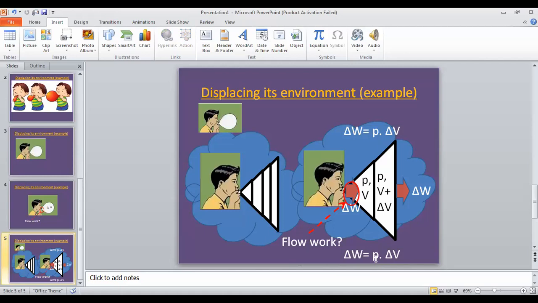Somehow pressure times the displacing of its environment, or the volume change, pressure times the volume change, P times delta V. Delta means change, V is volume. So this is the elemental work done. Because of this flow expansion, air expansion in the balloon, but this comes from the flow work here.